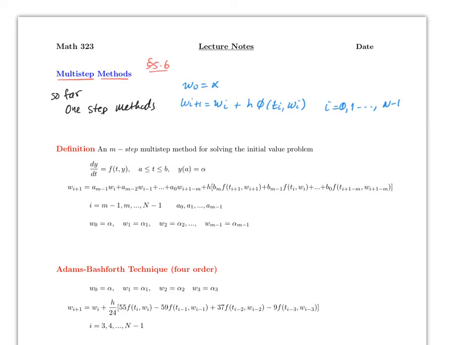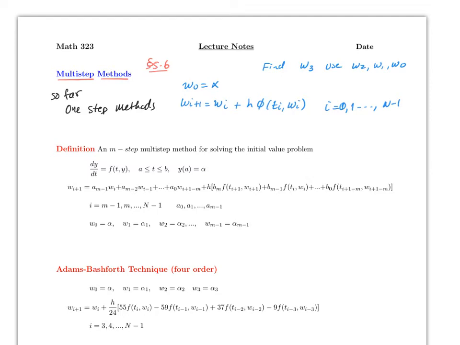So the main idea in this section is that we're going to use not just the previous one, but all the previous values. So for example, if you wanted to find w_3, then it will use not only w_2 but also w_1 and w_0 in the calculation.